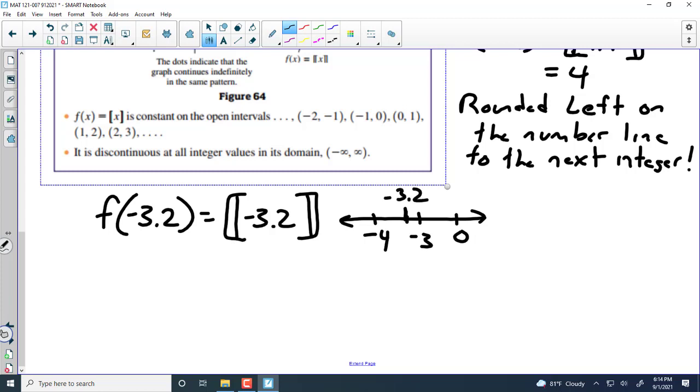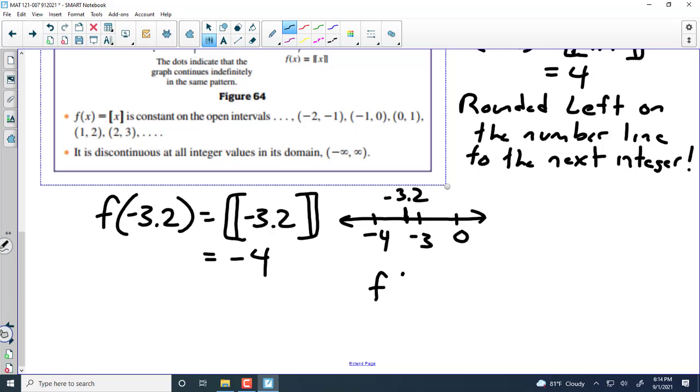It's quite clear where it gets rounded to, because it always gets rounded down to the left on the number line. So this actually becomes what, everyone? -4. And you can see why that might mess with some people, because when you're dealing with positive numbers, it's very, very easy to see what's down or to the left. But when you're dealing with negative numbers, it can be a little bit trickier to understand.